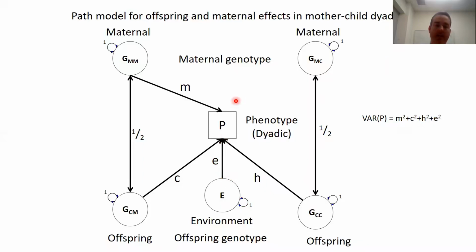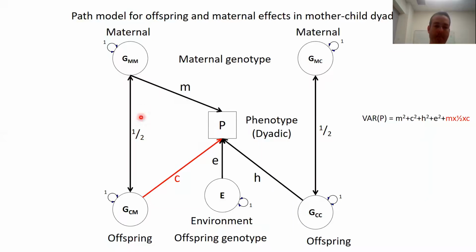Now, there's actually two more paths that we need to take account of, and they arise because of the correlation between maternal and offspring genotypes. So note that we can go from P back along the M path, down this double-headed arrow, and then up the C path.